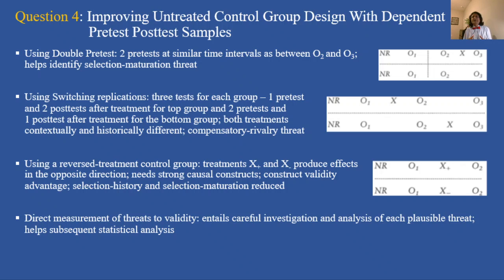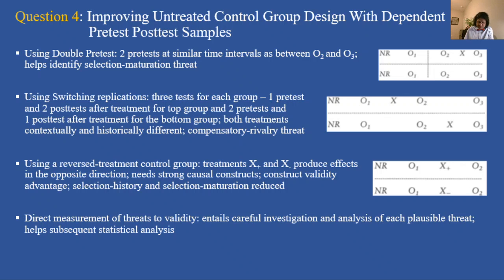There has to be reliability in measurement of effects in both the directions, otherwise, this design will hold no value. Both selection history and selection maturation threats are reduced. However, this design is difficult to implement as it is not practical and also may border on unethical and harmful, reversing the treatment effect or giving any opposite or negative treatment to any group or individuals.